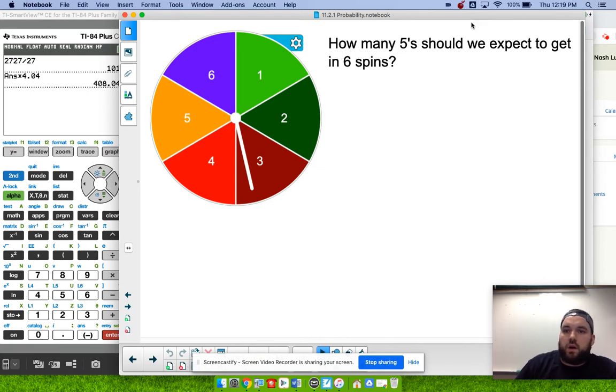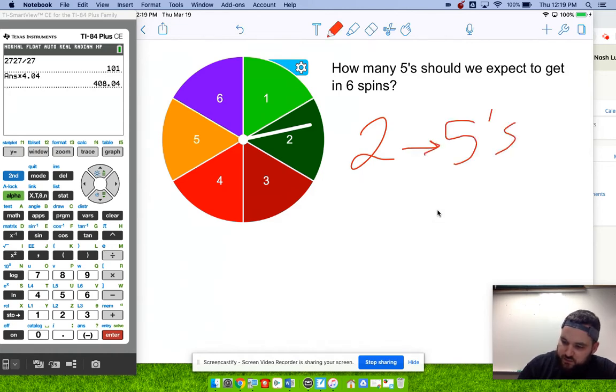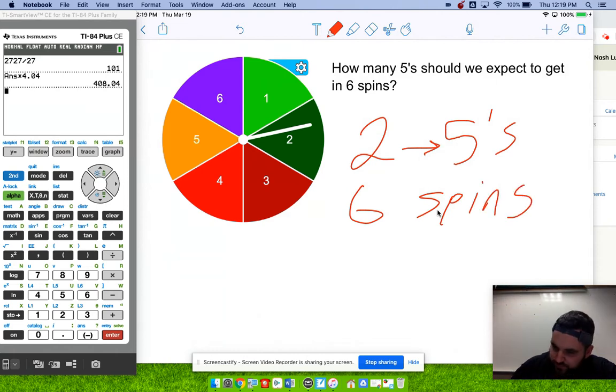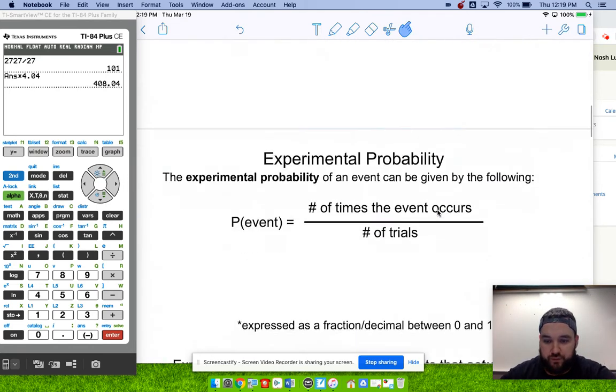So out of 6 spins, we got two 5s. Two 5s out of 6 spins. We're going to use these numbers to define our probability of getting a 5.